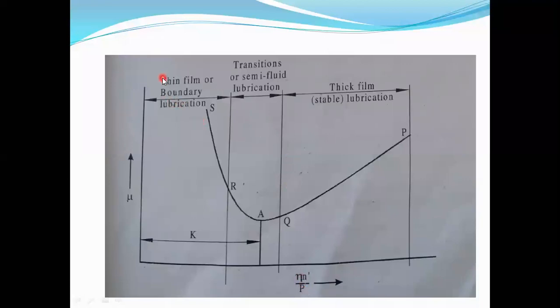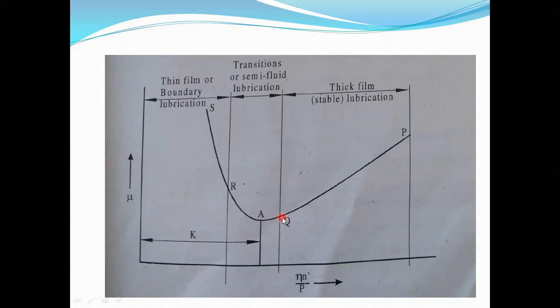Here there are three regions: thick film, semi-fluid, and thin film. The curve from P to Q is thick film lubrication, Q to R is semi-fluid, and R to S is thin film.